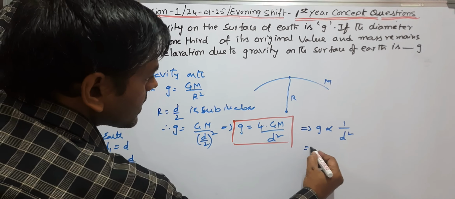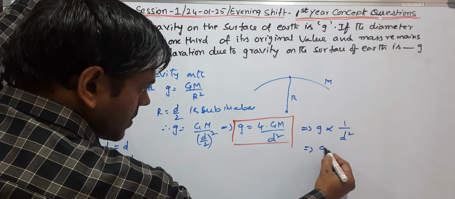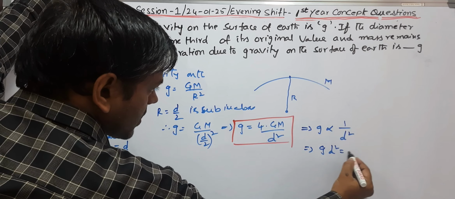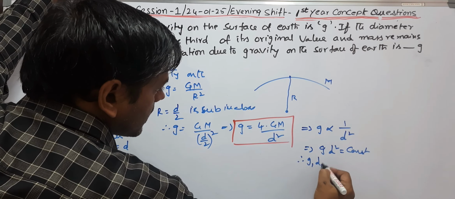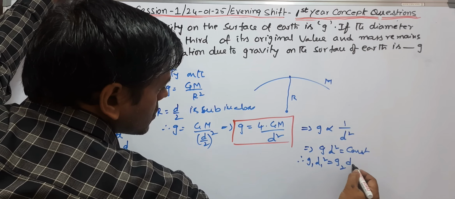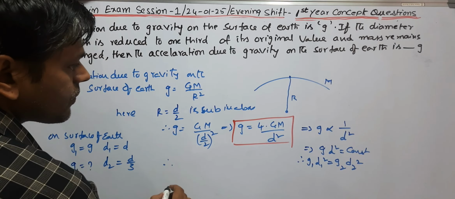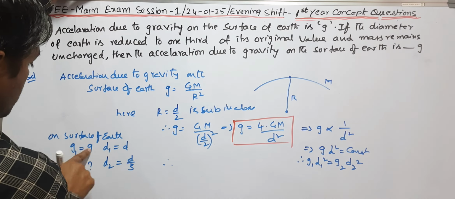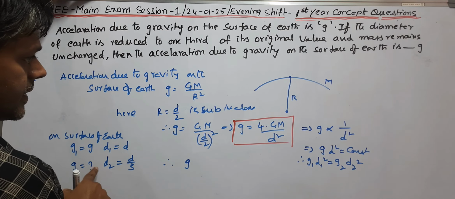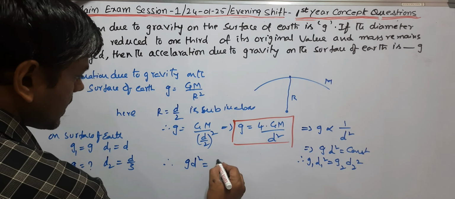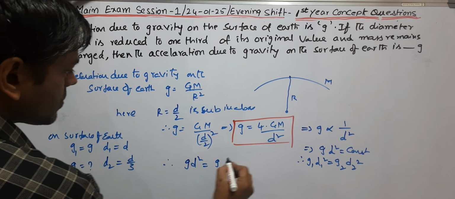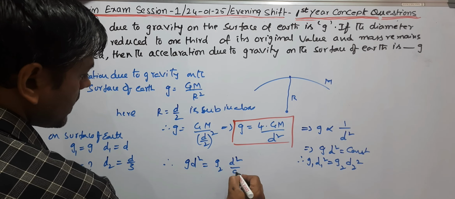From this you can write g is inversely proportional to d square, that implies g d square is equal to constant. Therefore g1 d1 square is equal to g2 d2 square. Here g1 is g, d1 is d, so g d square is equal to g2 into d2 square, which is d square by 9.